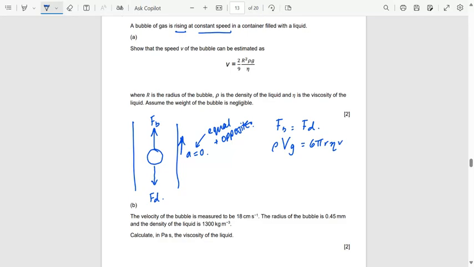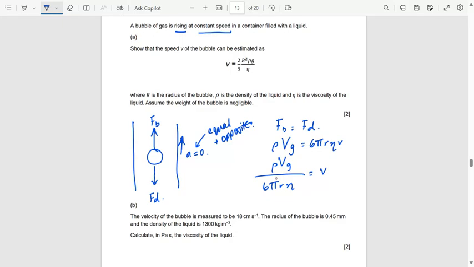Okay. Now we are asked to rearrange for an expression for v. So I'm going to do that. So I'm going to put this, and then I'm going to divide both sides by 6 pi r viscosity, and then I've got an expression for v.